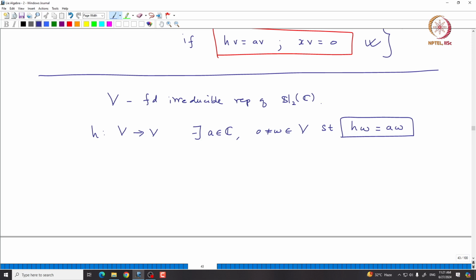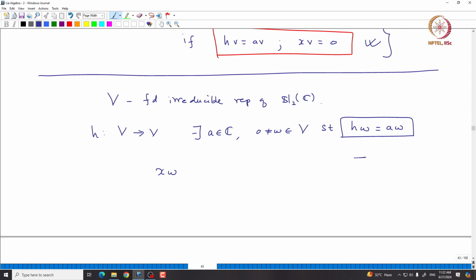Now it is a simple calculation to see what happens to this xw. When I apply x on w, we can see that it either is 0 or has eigenvalue a plus 2. So let us compute this.